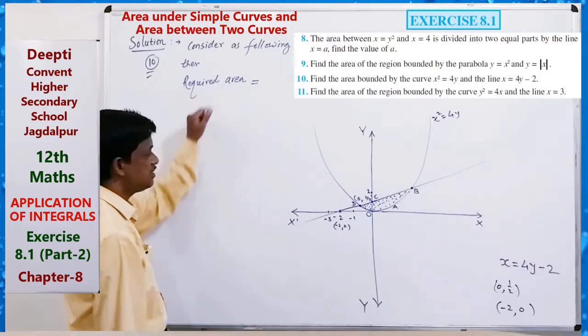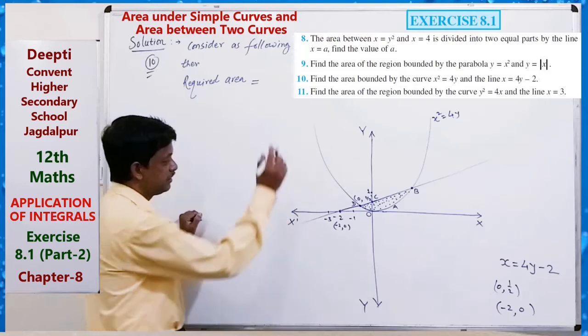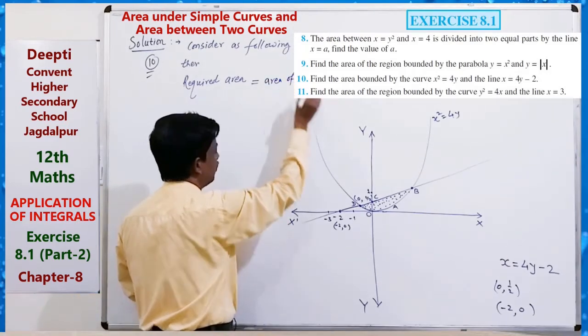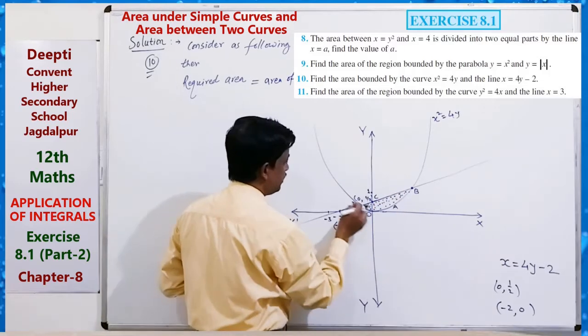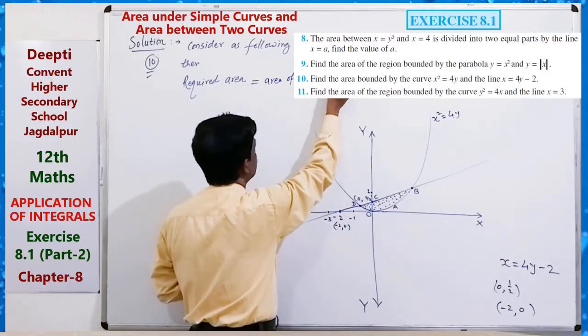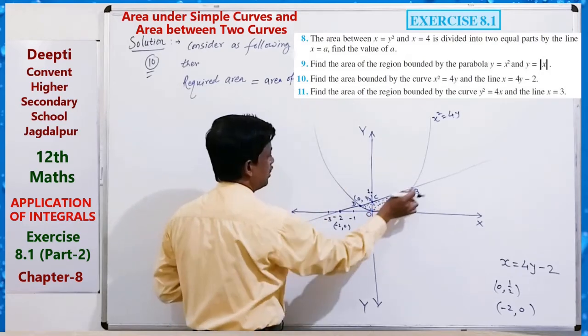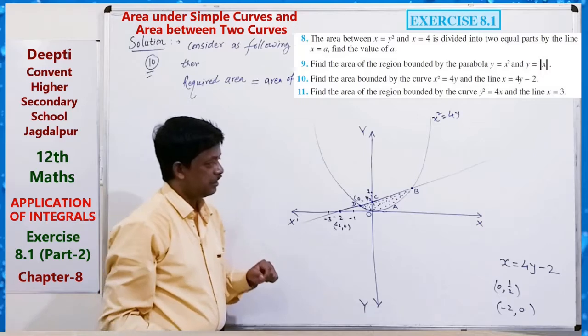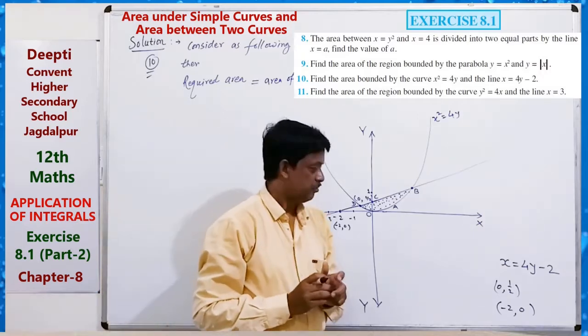So the required area is equals to what? Area of OABCDO total area.